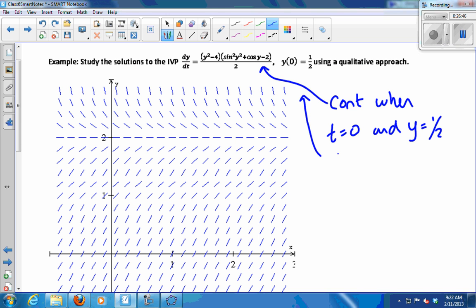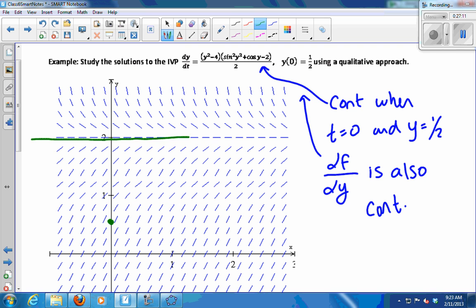Also, so my initial value, y of 0 equals 1/2, will be about right here. I know that the slopes are all positive, and I know that I can't cross the solution that exists right here, right? There's my equilibrium solution.